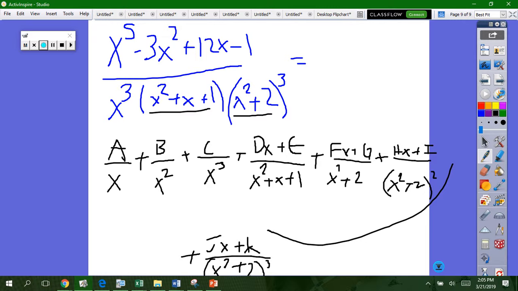Anybody else? Do you want me to look up one on your homework and try it with you? How about we look at number 36 together?